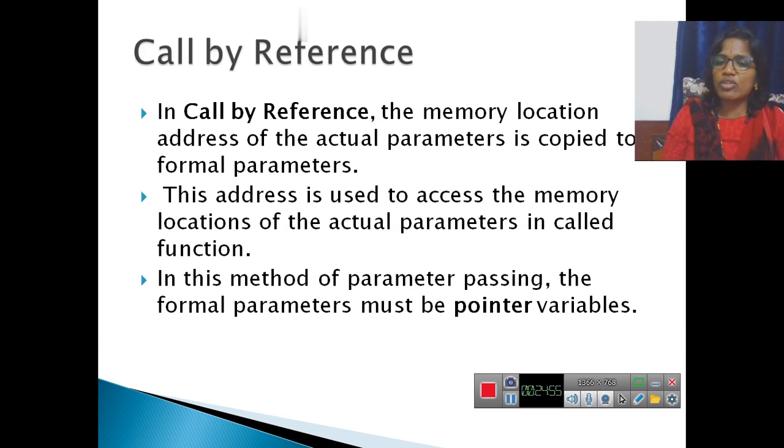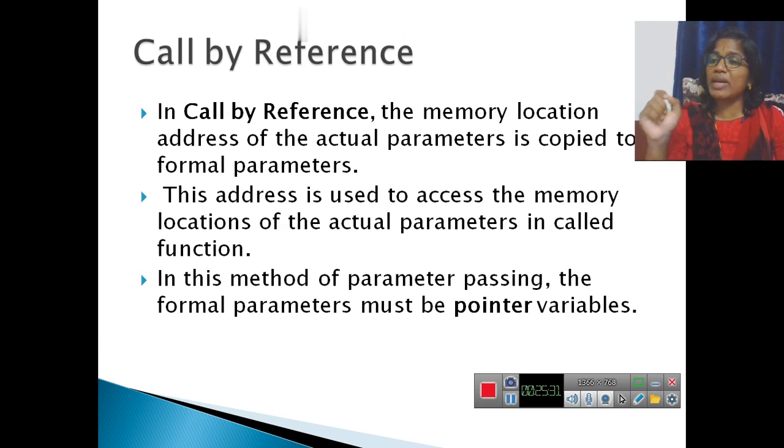So in this method of parameter passing, the formal parameters must be pointer variables. Pointers are variables which hold the address of another variable. The formal parameters must be pointer variables because they must hold the address, since we are not passing the value, we are directly giving the addresses. Addresses can be held only by pointer variables. So in this parameter passing technique, pointer variables must be used for the formal parameters.